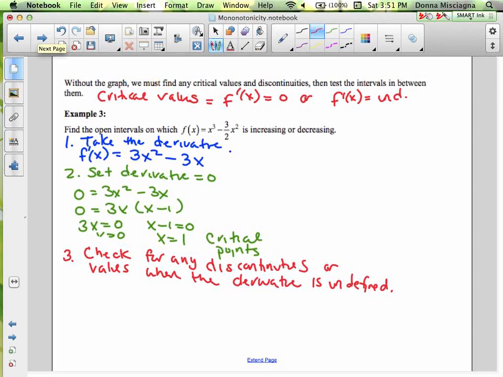And again, this is still not applicable, right? Because polynomial functions are continuous and everywhere differentiable.